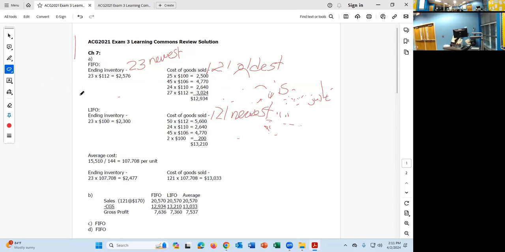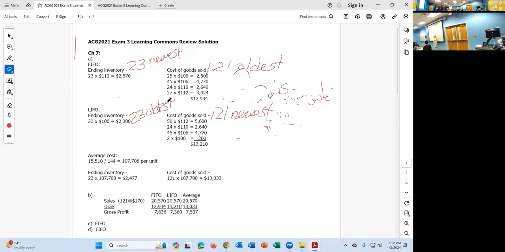What's left in ending inventory under LIFO is going to be the 23 oldest. And I feel like if you can get comfortable with which one's the old and which one's the new, it makes it a whole lot easier to figure out.